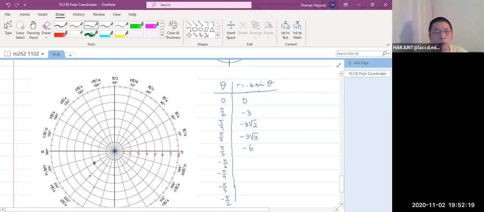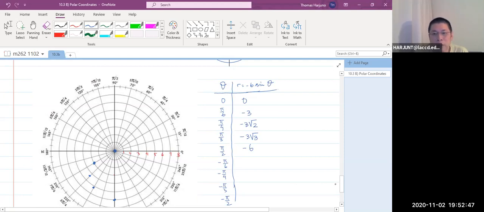At angle pi over 2, I shoot backwards 6 units, and it gives me this. Now, if you want to make it even finer, then you try to find out what the radius is when theta is pi over 12.